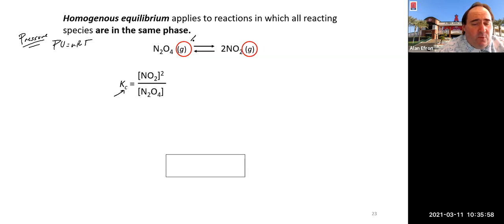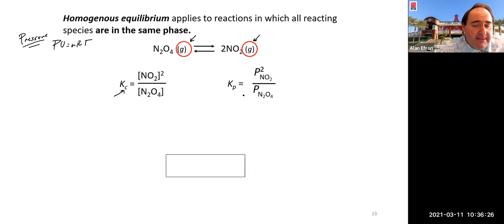So we actually can write an equilibrium expression that deals with pressure versus dealing with concentration or molarity. It is done the exact same way, and that is P squared of NO2, the partial pressure squared of NO2, which is our product, divided by the partial pressure of N2O4 in this case.